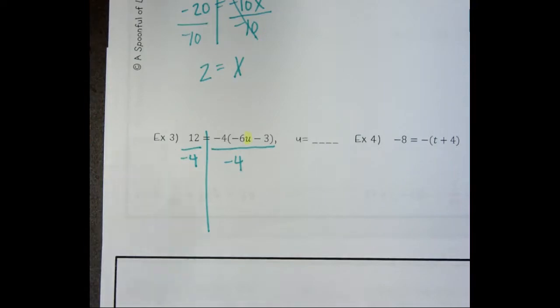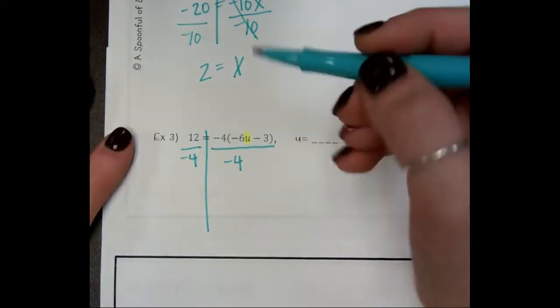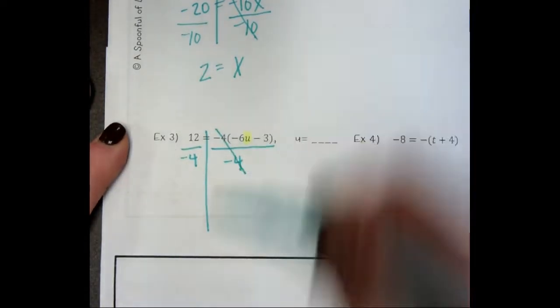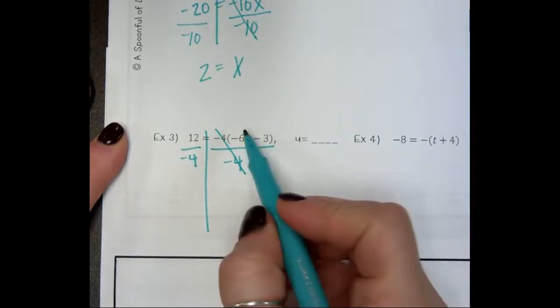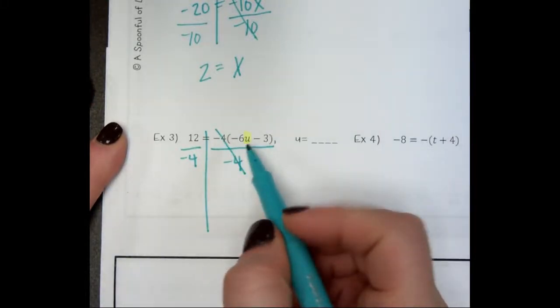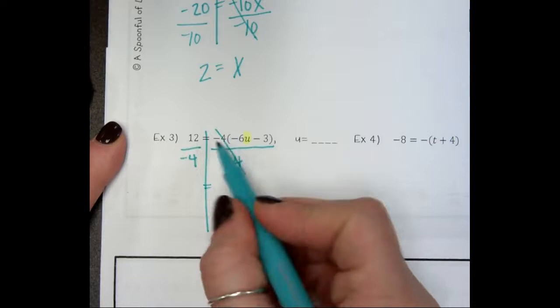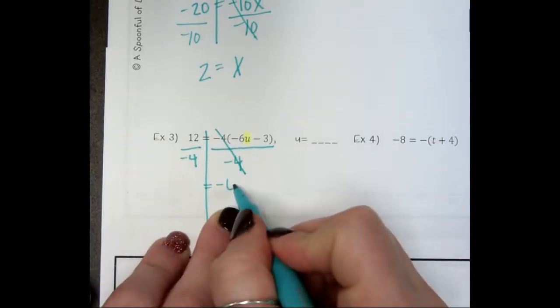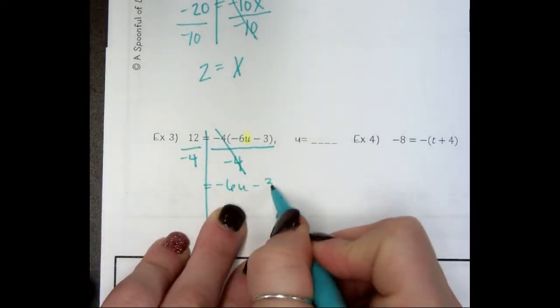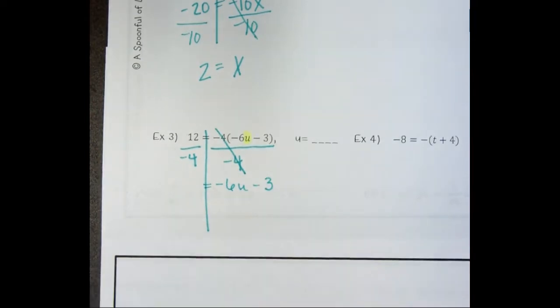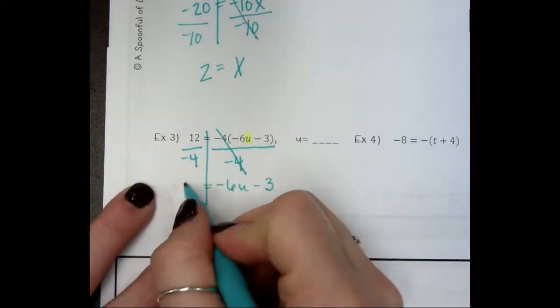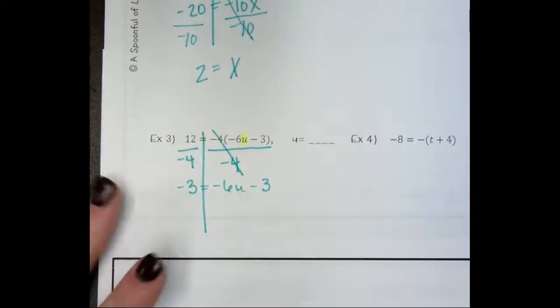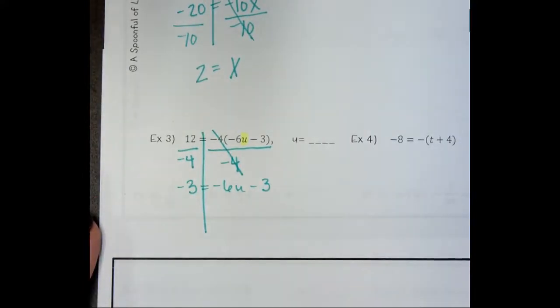But in this case, it's not really going to help me. So I'm going to go ahead and move it on over to the other side. What's going to happen here is I have everything in the parentheses left, but now that it has nothing in front, I can actually drop those parentheses, okay? Because the parentheses were protecting it from that negative 4. And so 12 divided by negative 4 is negative 3. Kind of cool, huh? It saves you a step.